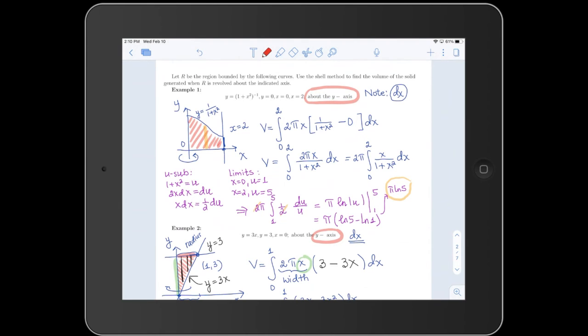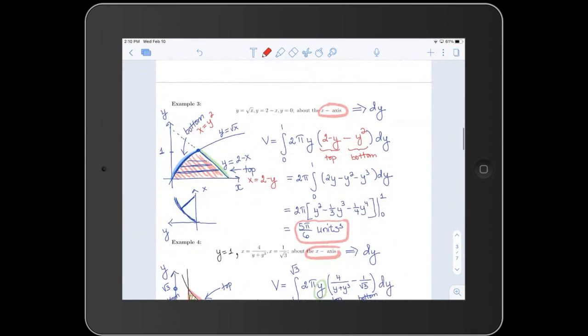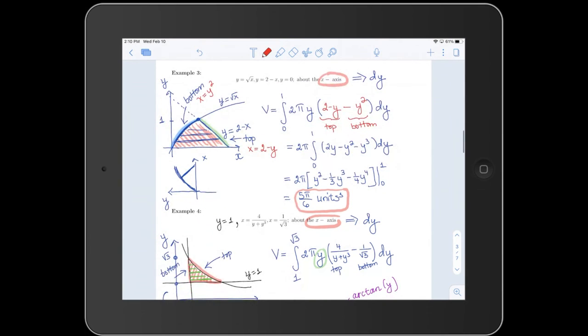So everything had to be in terms of x when we do about the y-axis for the shell method. Then we had 2 examples where we had rotation about the x-axis, and we had to do everything in terms of y. Each time we had to set up our picture first, right? So that's your very first step to do. Make a nice sketch of your problem.